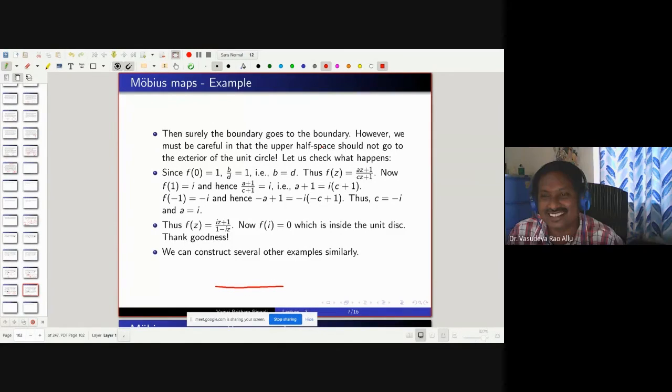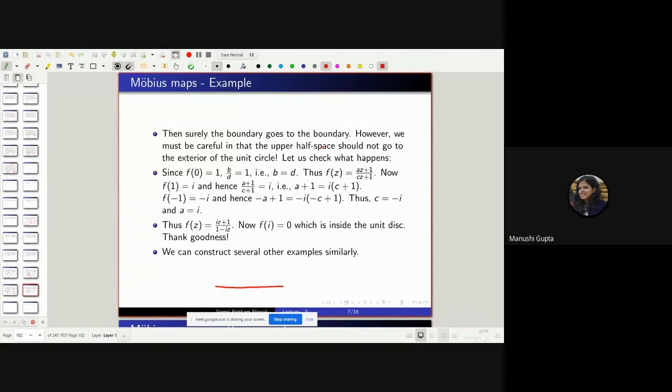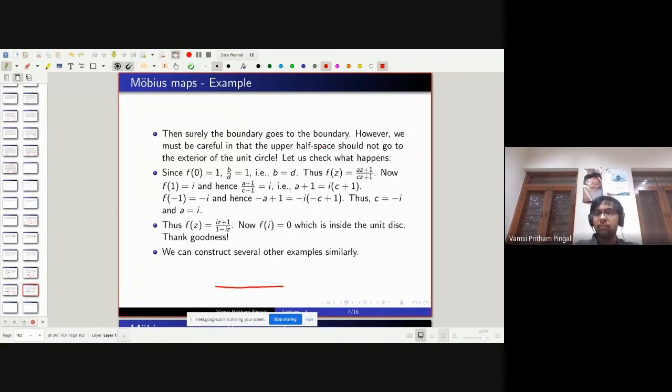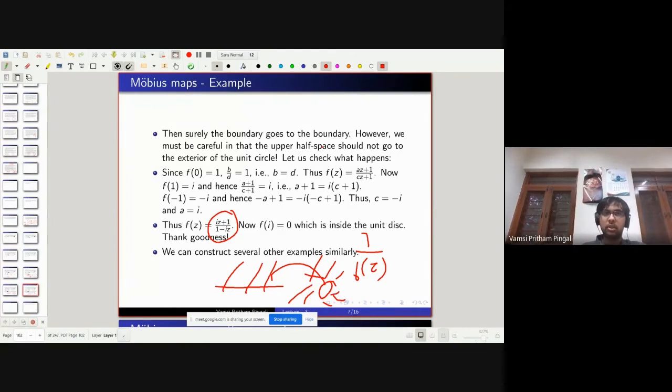So in this example, if we wanted the exterior, we will simply take the inverse. Yes. Whatever you get finally, if I take 1 by f of z, then it will take the upper half plane to the exterior. Yes, absolutely. Any other questions?